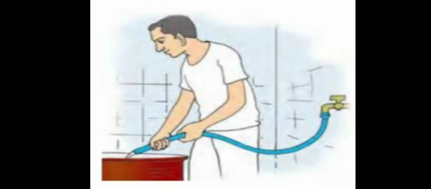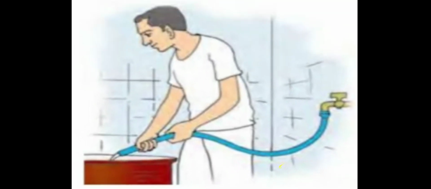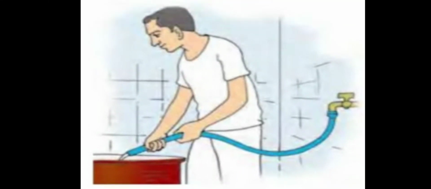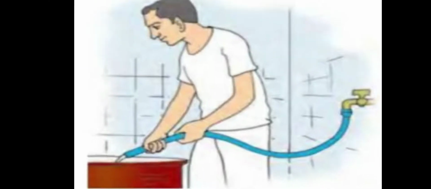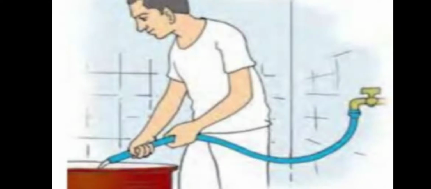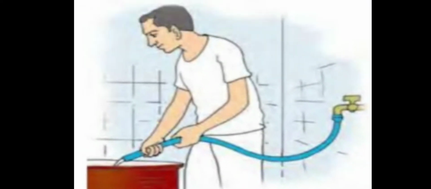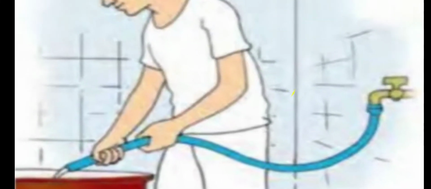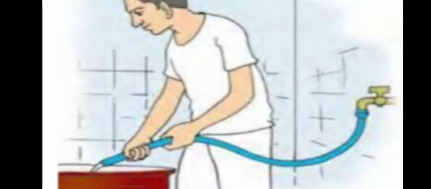Now what we can see in this picture, this man is filling the water from the tap into the drum. The drum is some distance away from the tap. Here we can see the tap and here we can see the drum. Still, the water from the tap is flowing into the drum.